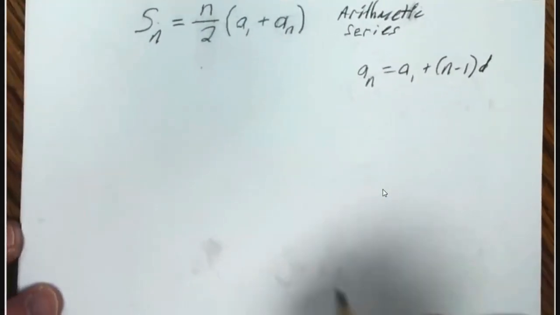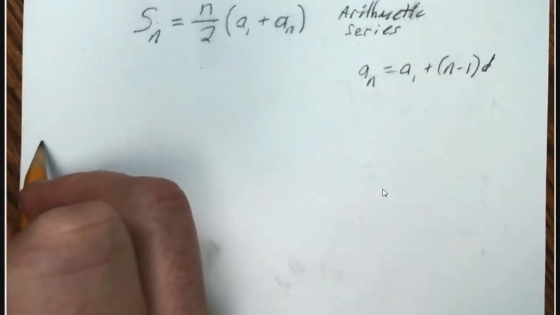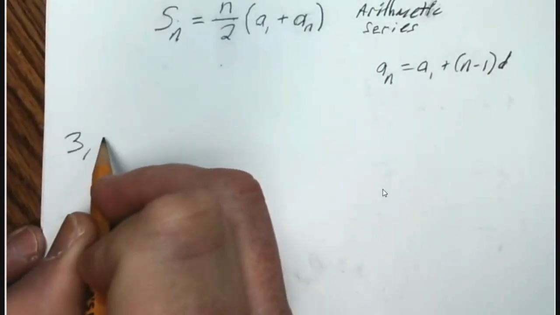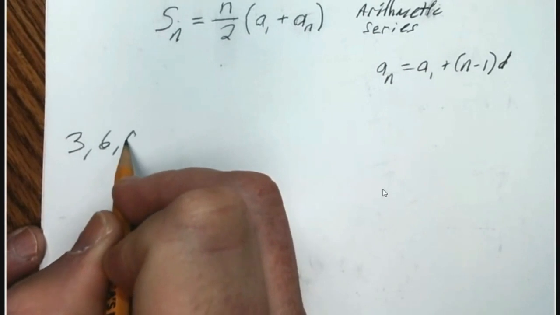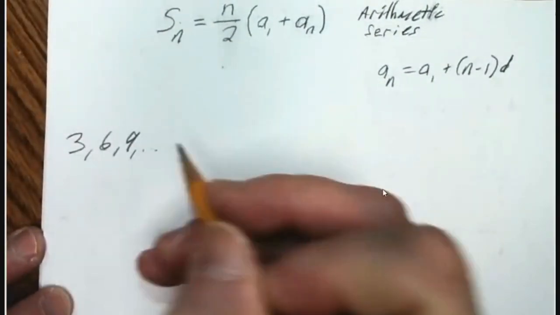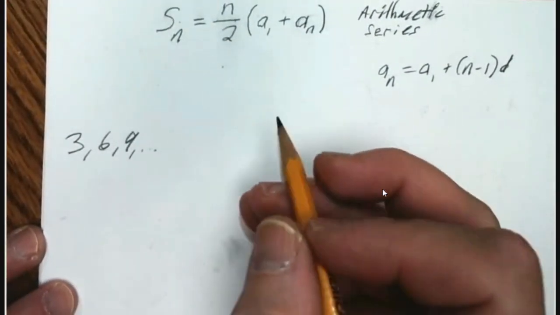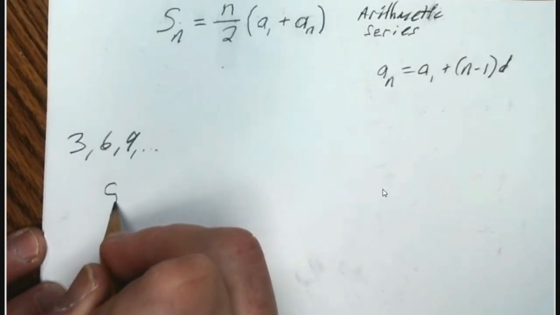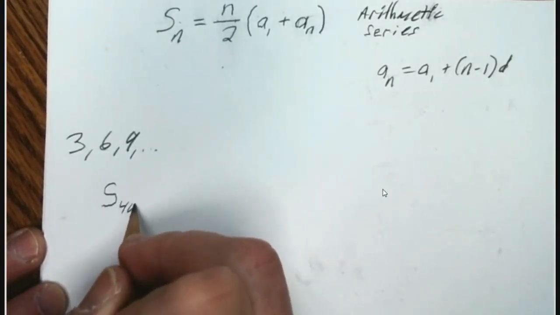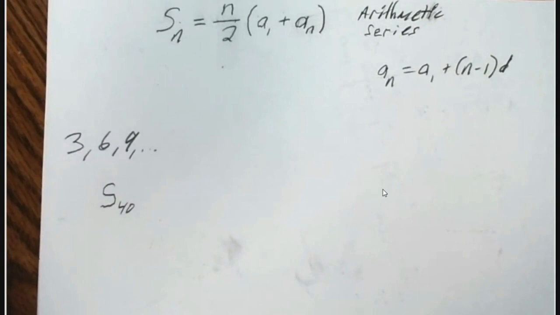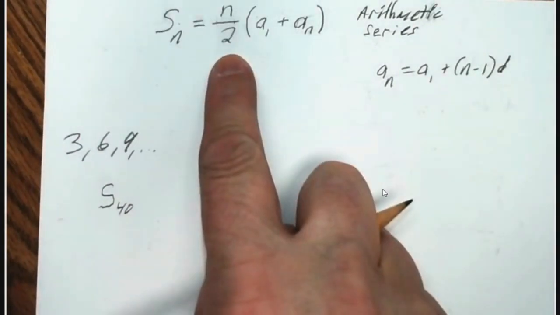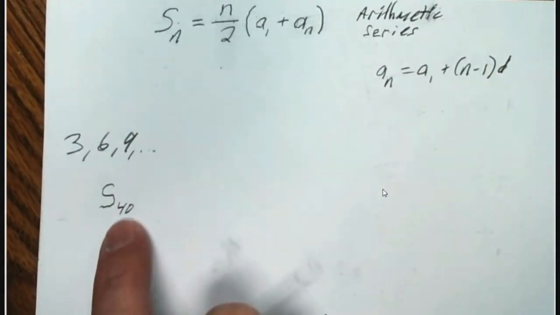So let's just do one for example. 3, 6, 9. And we want to know what S sub 40 is, if I add the first 40 numbers together. Well, to use this formula, I can put in 40 as n.